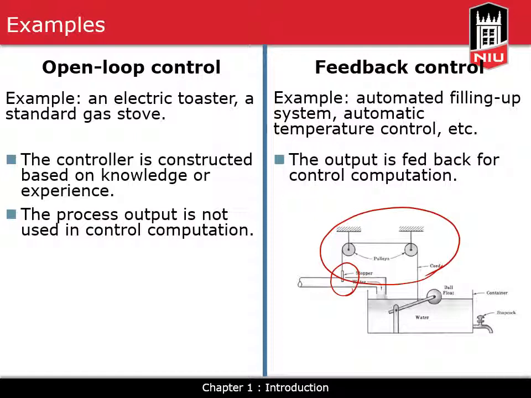So the tank starts to fill up again. As soon as the level reaches the specified value, that cord goes back and the stopper will come back down and stop the flow of the water. At the end, the level of the water would be almost always kept at the desired level.